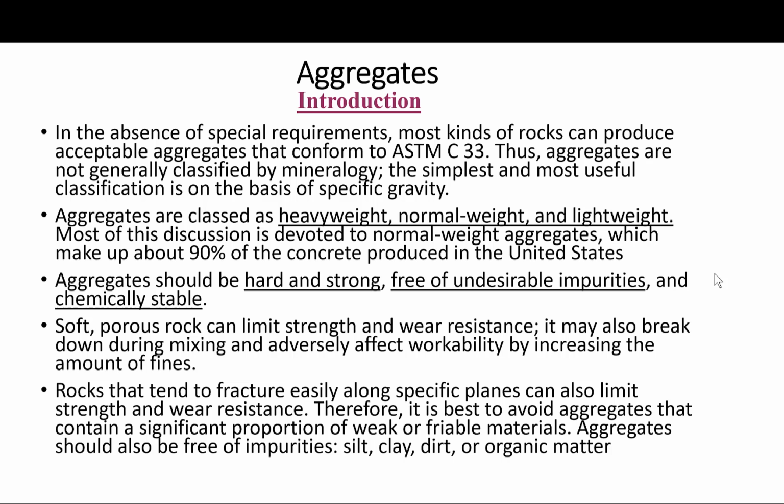Most of the discussion in this class is devoted to normal weight aggregates, which make up about 90% of the concrete produced in the United States and Canada, since basically the same considerations apply generally to other weight classes.